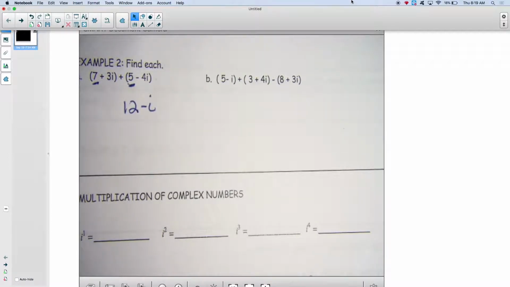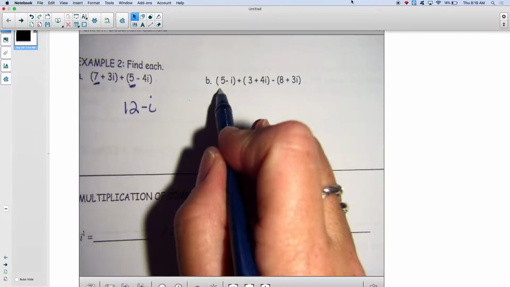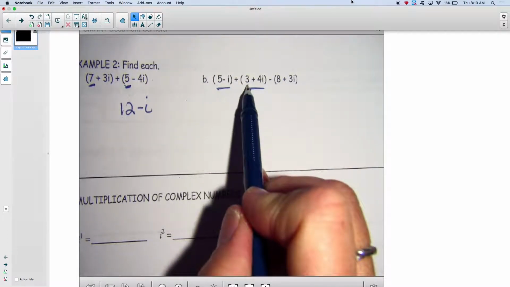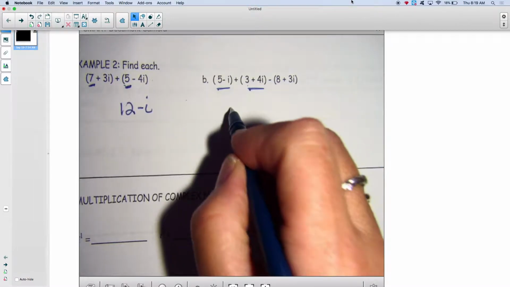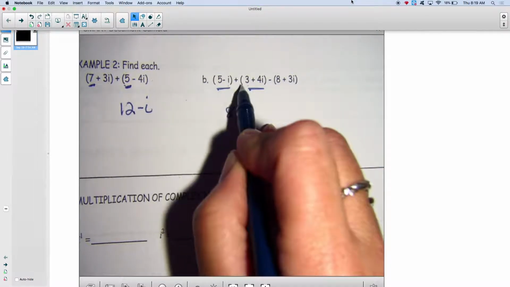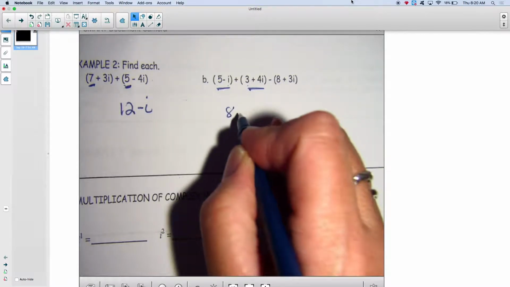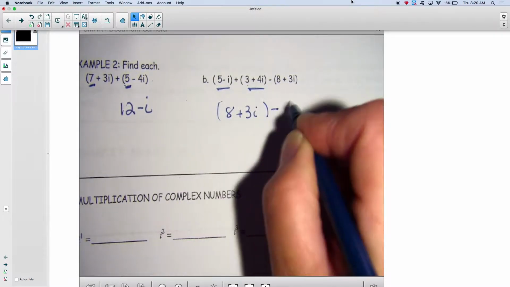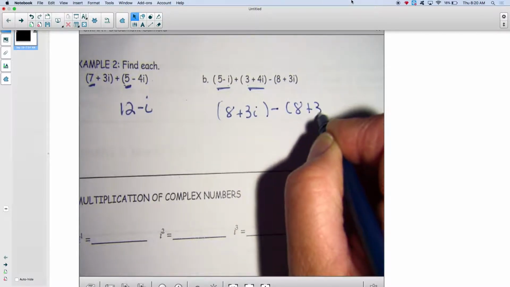B, I'm going to do these two first. So 5 plus 3 is 8. -i plus 4i, 3i. We need to subtract 8 plus 3i.